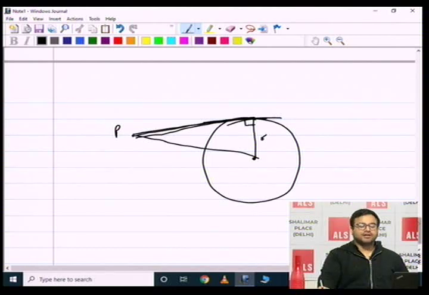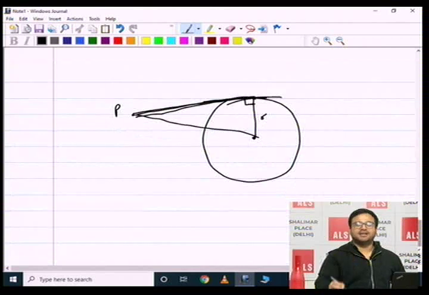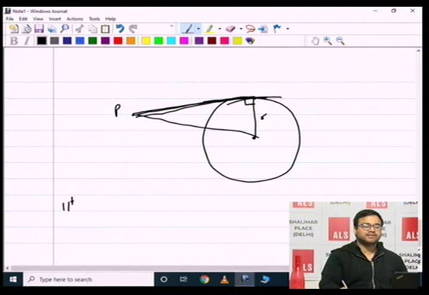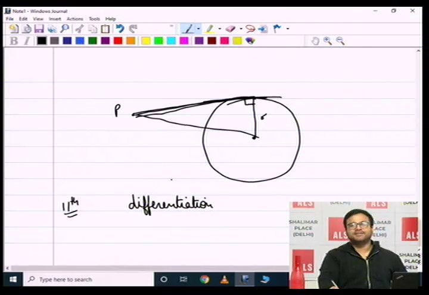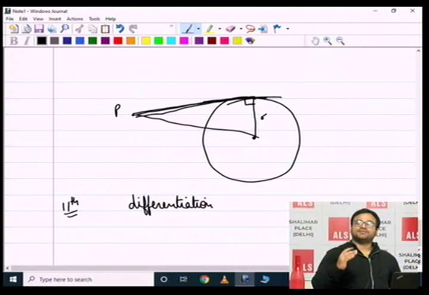Since right now you are in 10th class, when you go to the 11th class, if you opt for mathematics, there is a term called differentiation. Differentiation is finding the tangent at a point.